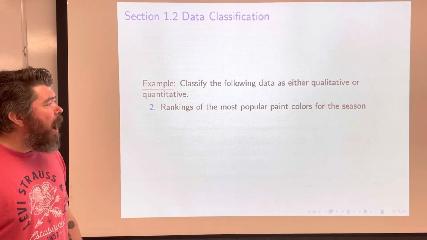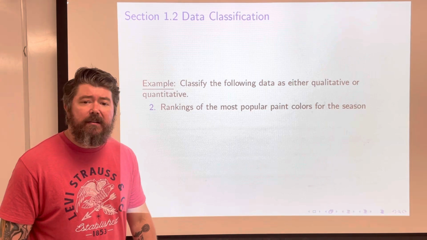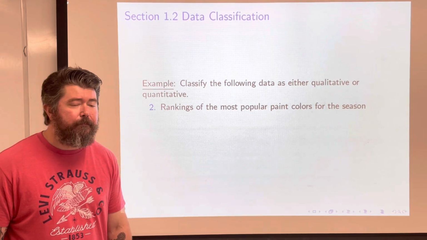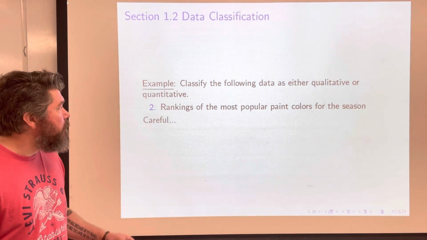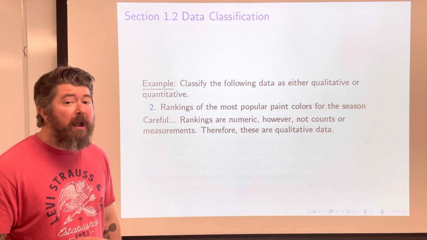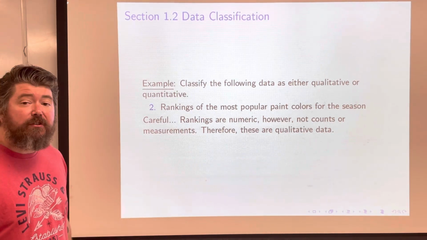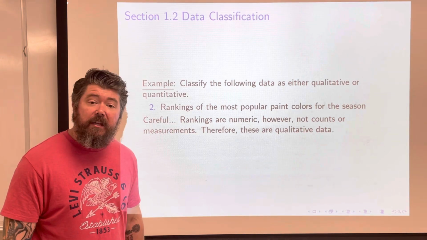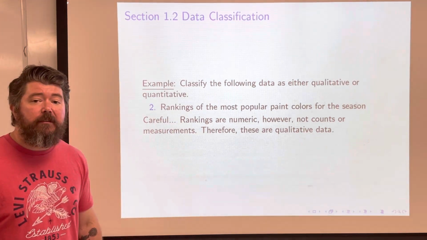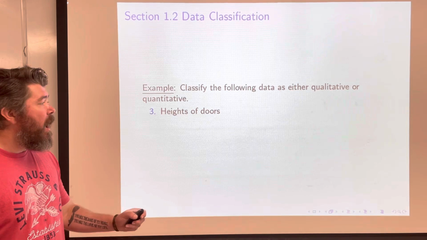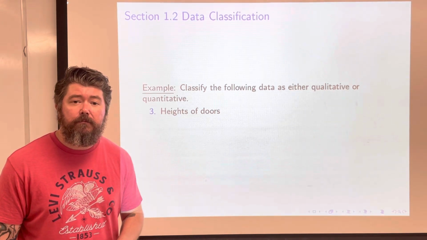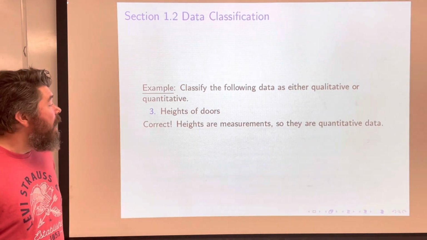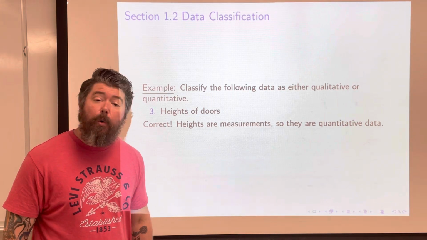Rankings of the most popular paint colors for the season. Careful, rankings are numeric, however not counts or measurements. Therefore, these are also qualitative data. Heights of doors. Correct, heights are measurements, so they are quantitative data.